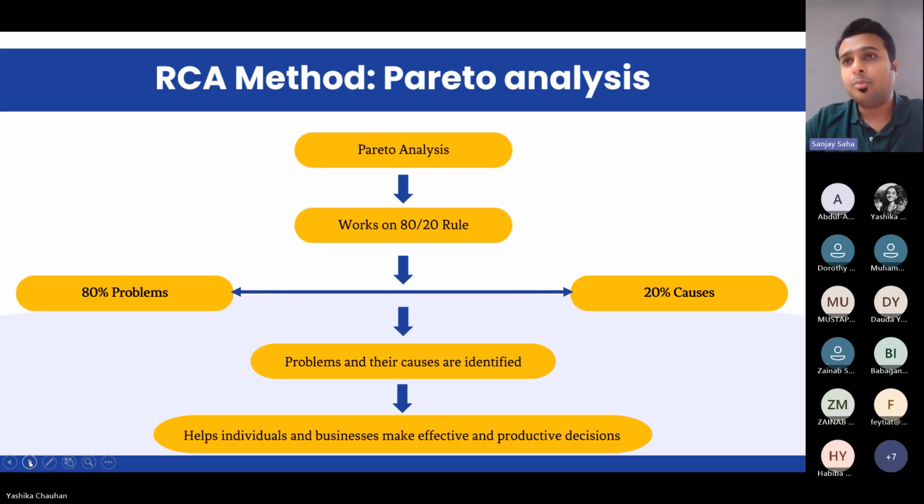But if it is a complex problem, you can start with 5 whys, list down all the causes, then plot it on a fishbone so that you determine the segments, and then you give them weightage so that you can see which set of causes is actually contributing to more than 80% or 90% of that problem. That way you identify the main causes and then call them root causes.